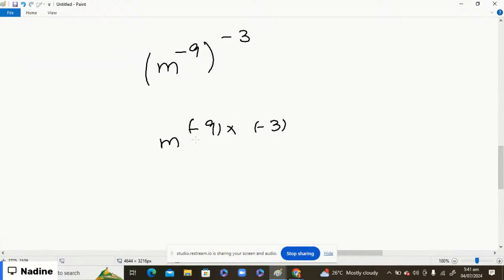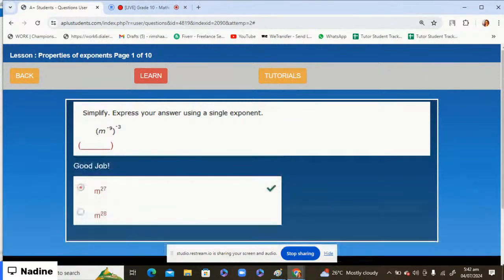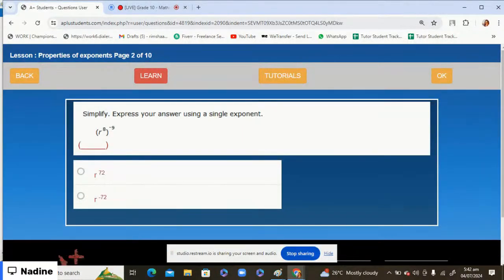When you multiply, 9 times 3 is 27. Minus minus becomes plus. So m power 27. Let's check, is there any answer for m power 27? Yes, it's here. Now you understand the power of a power rule.